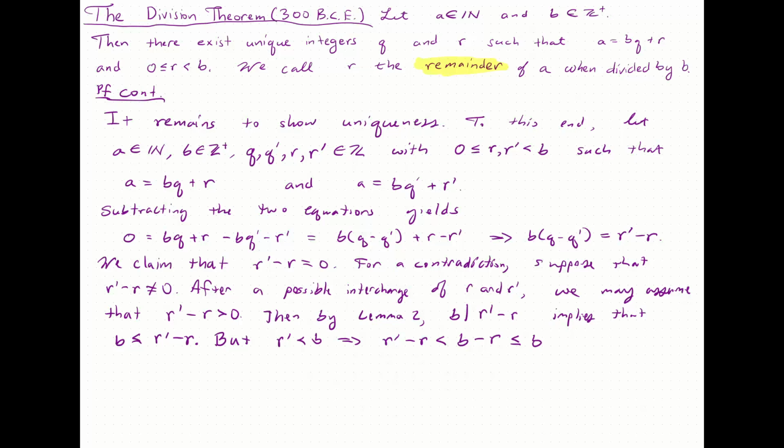And so we have this inequality. Thus, we have b is less than or equal to r prime minus r, which is simultaneously less than b. But now this is a contradiction. Indeed, we have essentially shown now that b is strictly less than b. And so we are done with this, so hence r prime is equal to r, which establishes uniqueness.